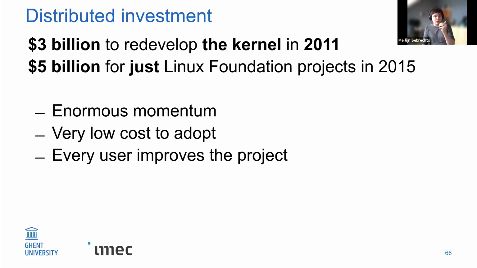And so obviously, this 30% improvement in power usage for their data centers was an incredible improvement, but the people using the Linux kernel in data centers didn't actually make the investment to get this improvement. This is this enormous momentum that these open source projects have.